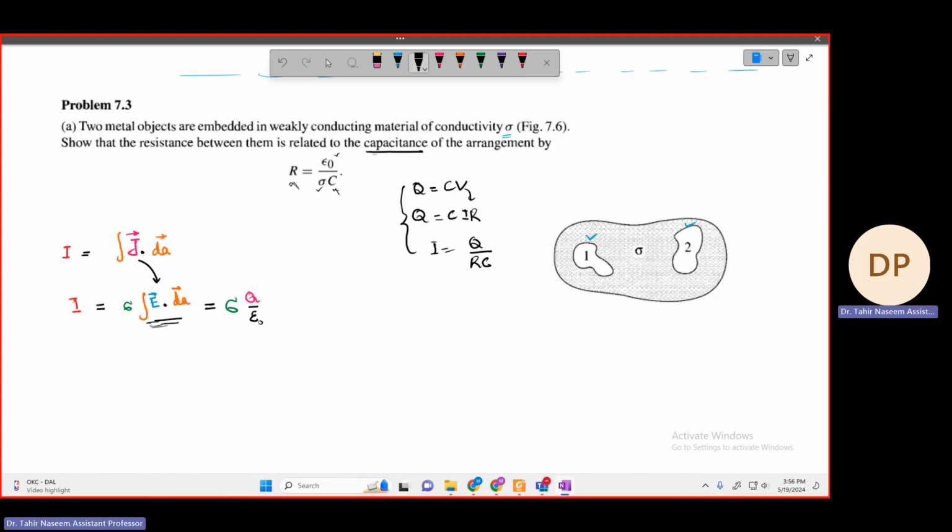हमें जो कॉन्फ़िगरेशन है गिवन वो कैपेसिटर वाली गिवन है, right?